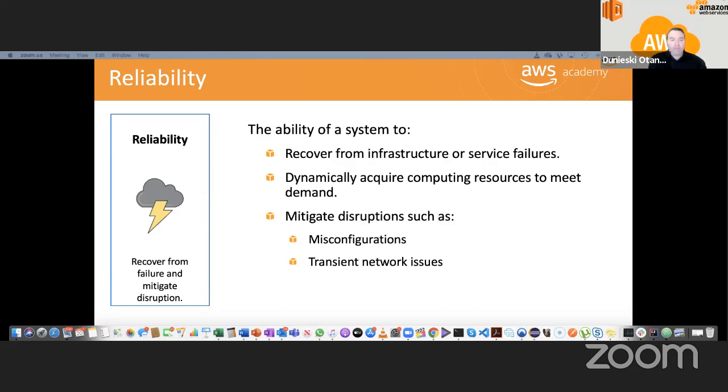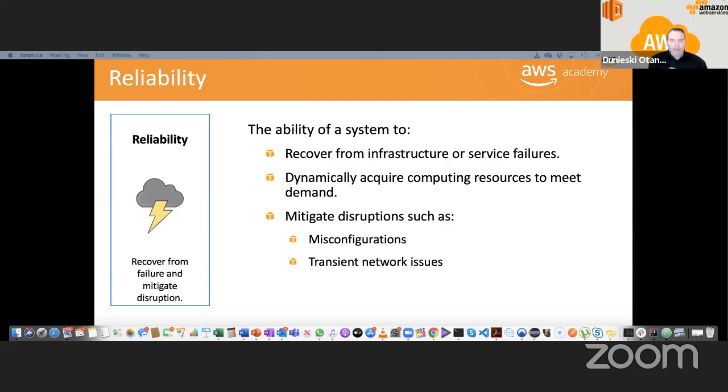So this is very important. And you have to be able to dynamically acquire compute resources to meet demand. We've been talking about that. With auto scaling, whenever you need more resources, it will increment the amount of resources. When demand is low, it will reduce the amount of resources. So this is something that has to be there, and that's what makes a system reliable.